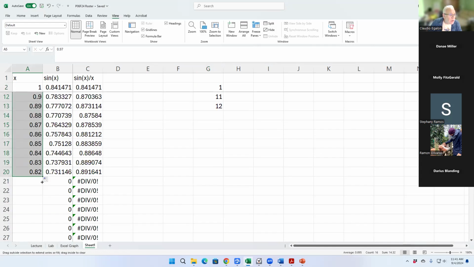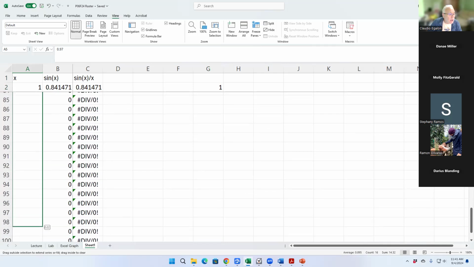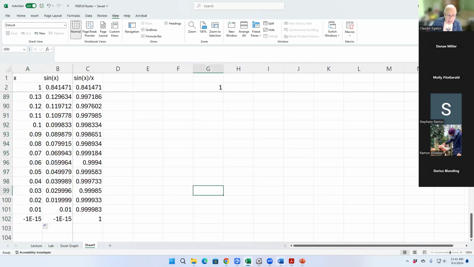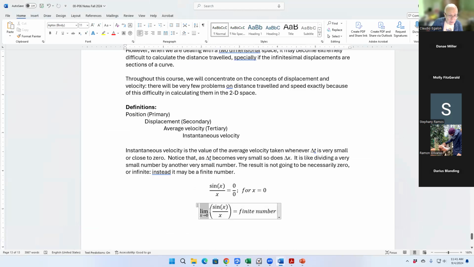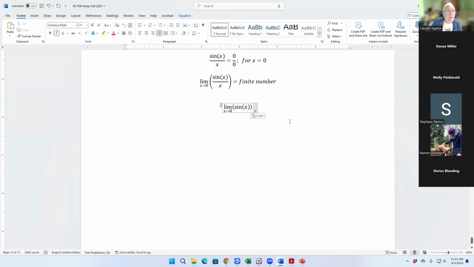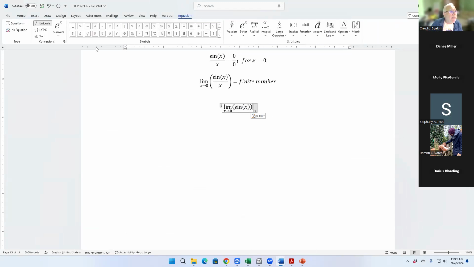So that's one way of finding out the ratio of those two quantities. Another way is just by remembering that the limit of sine of x, as x goes to 0, is approximately, don't forget this is a very important approximation that we learn in math, approximately equal to x.